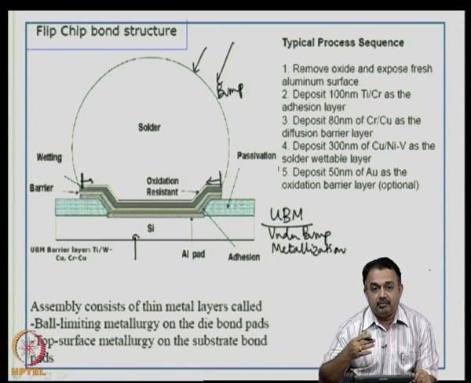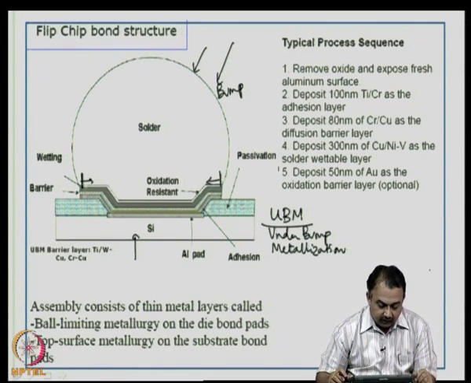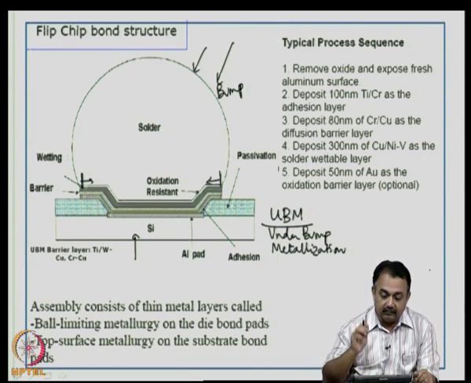Otherwise, in a flip chip you will get unequal sizes of bumps. So, to avoid that, UBM is very essential, because it really defines the volume of solder that will get attached to the outer surface of the UBM buildup. The top surface metallurgy on the substrate bond pads is very important to define this.